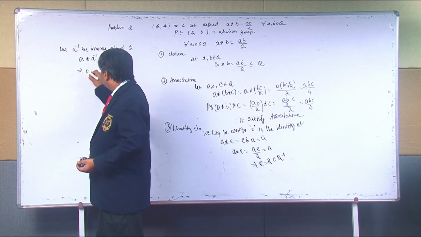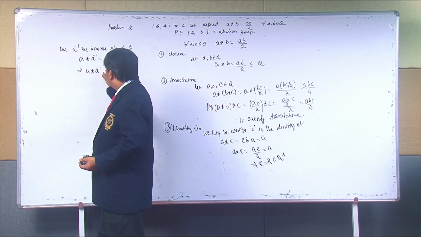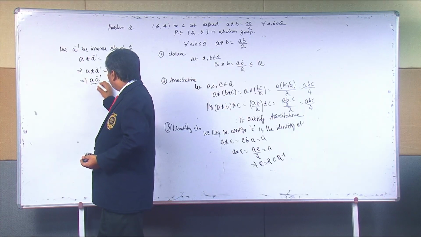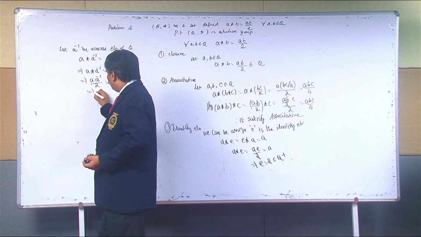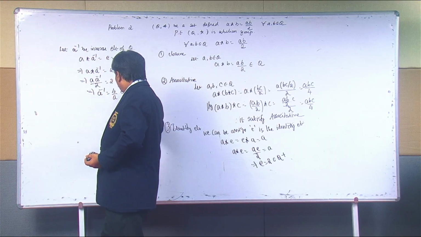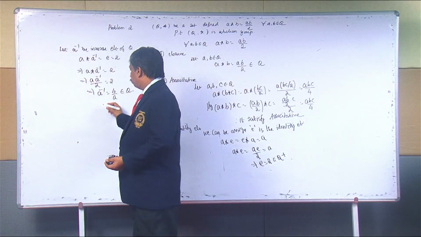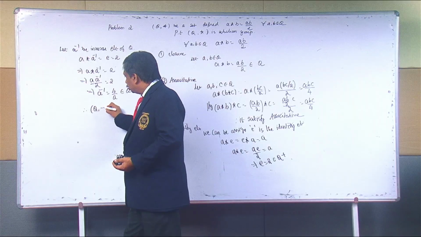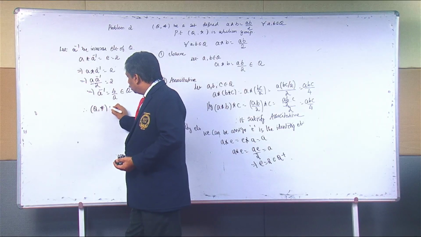So therefore A star A inverse is equal to 2. Therefore A times A inverse by 2 equals 2. We want to find the A inverse. So A inverse is 4 by A, which also belongs to Q. So therefore it contains the inverse element. From that we can understand that Q comma star is a group.